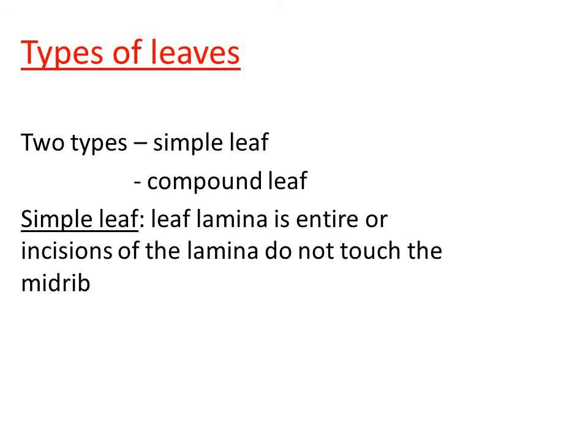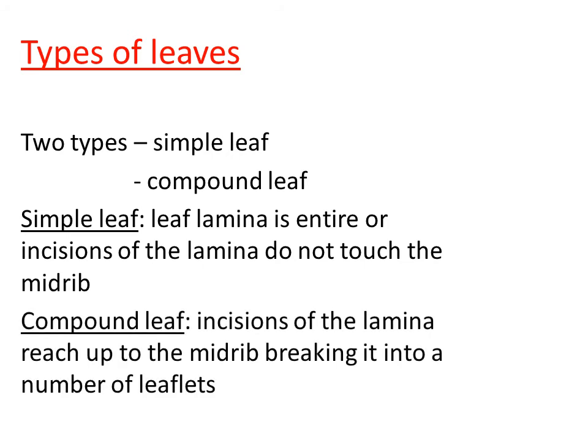Understood? So a leaf is said to be simple only when the lamina is entire or the incisions of the lamina do not touch the midrib. Such a leaf is called a simple leaf. And what do you mean by compound leaf? A compound leaf is a leaf where the incisions of the lamina reach up to the midrib, breaking it into a number of leaflets.